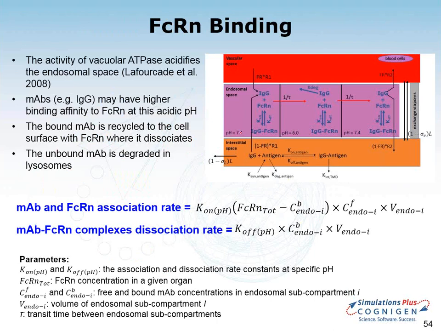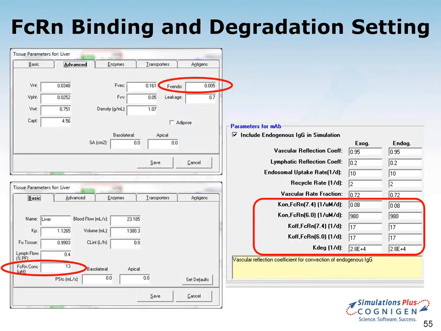So the model does include the transition of the endosome from pH 7.4 when it's initially formed on the surface of the cell, through the early endosome at pH 6, and back to recycling to the surface of the cell and returning to pH 7.4. The model includes different on and off rates for the antibody at these different pHs.